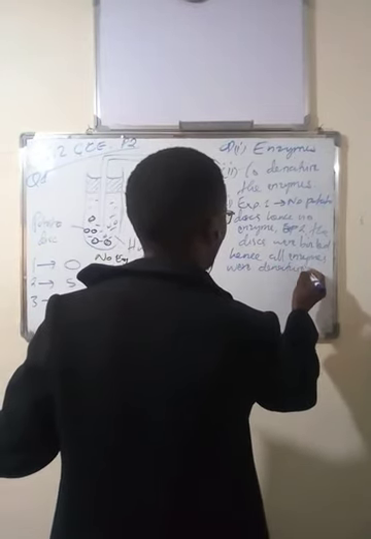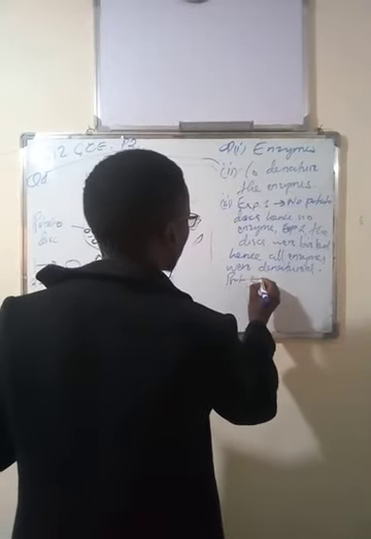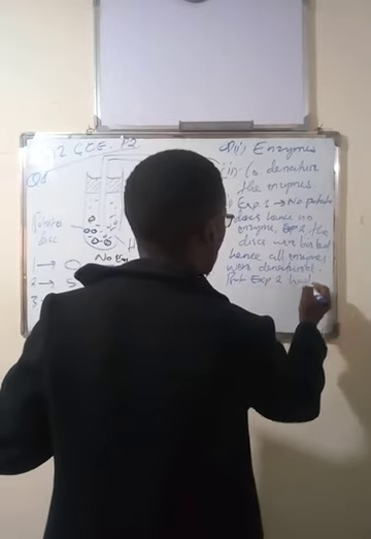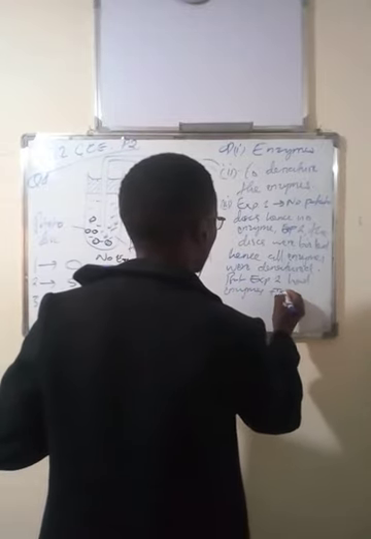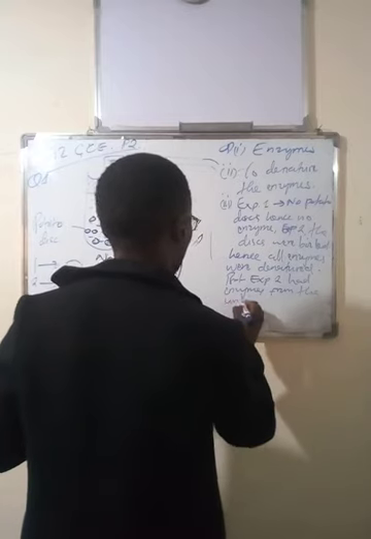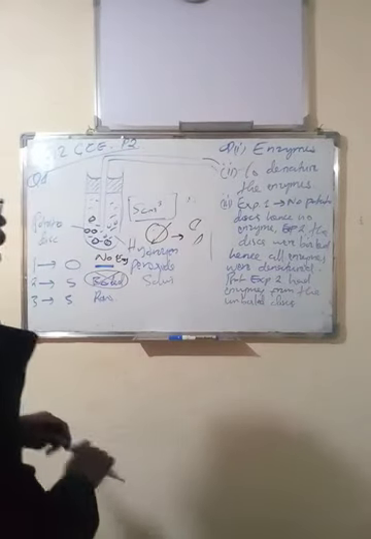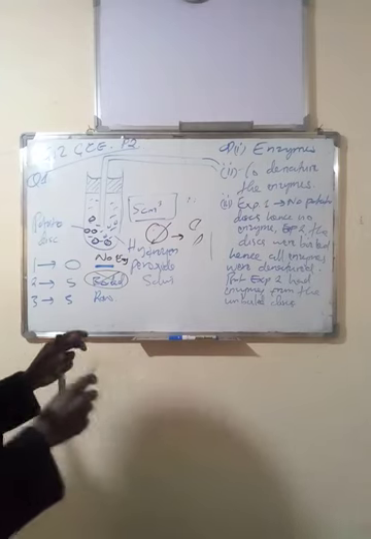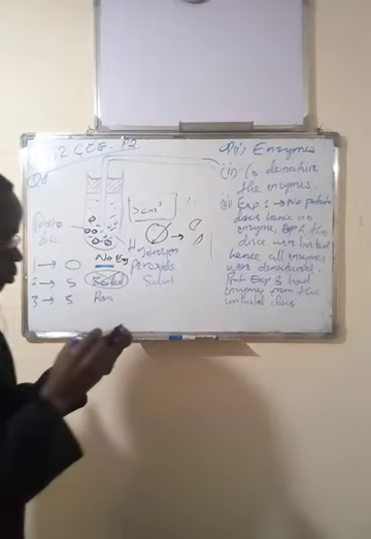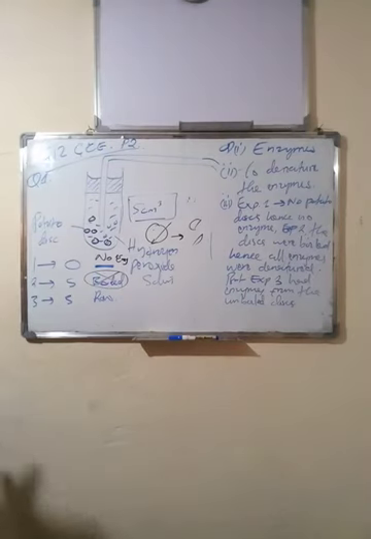But experiment 3 had enzymes from the unboiled potato discs. So the reason is simply because experiment 1 and experiment 2 had no enzymes, but experiment 3 had enzymes. That is the reason why we are seeing that difference.